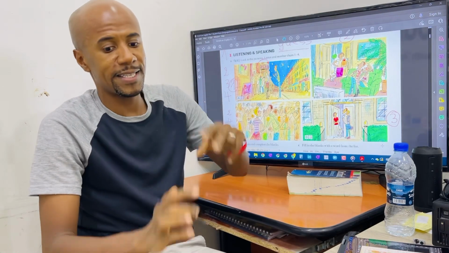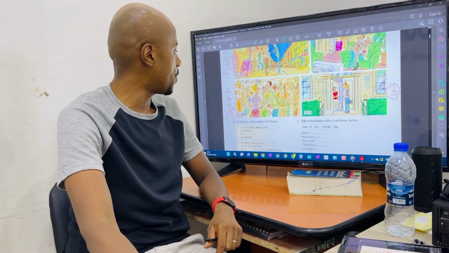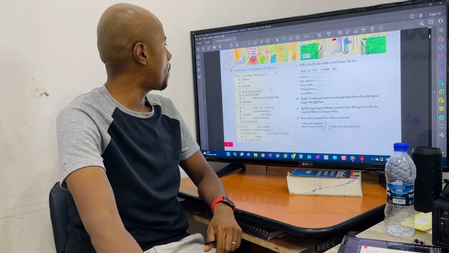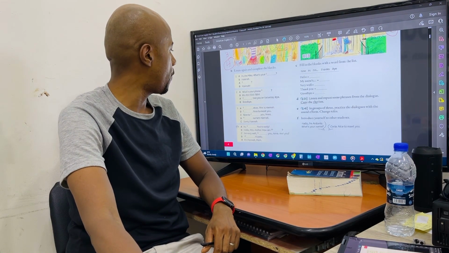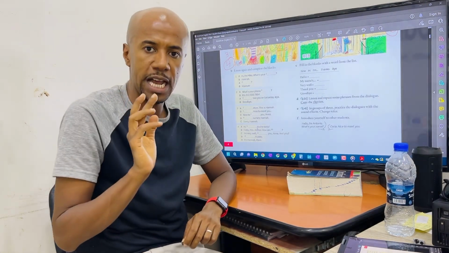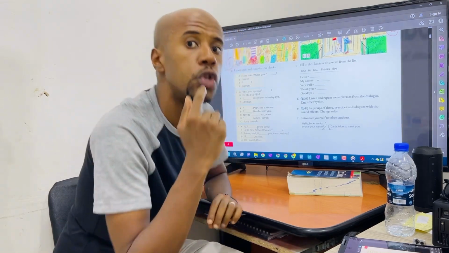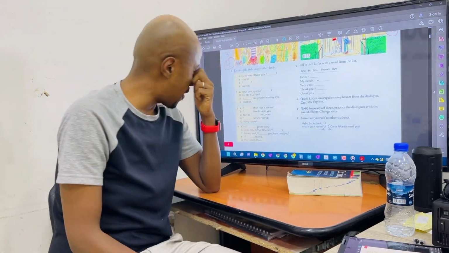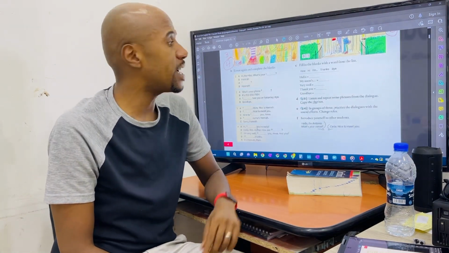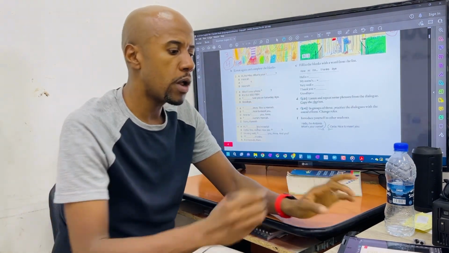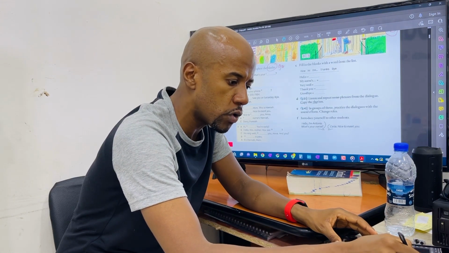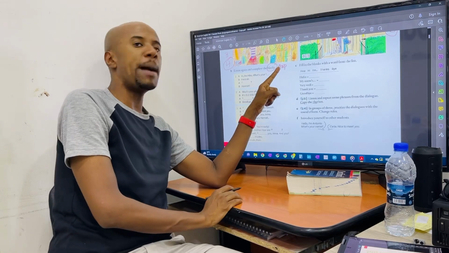Now the second listening, in which you have the dialogues of the 4 pictures, 1, 2, 3, 4, and they have gaps in which they have to fill in the gaps. Let me show you how to do that now. First thing you have to do is to explain to them what is a blank or a gap. You want to explain this word and you write on the board, we can also say gap.